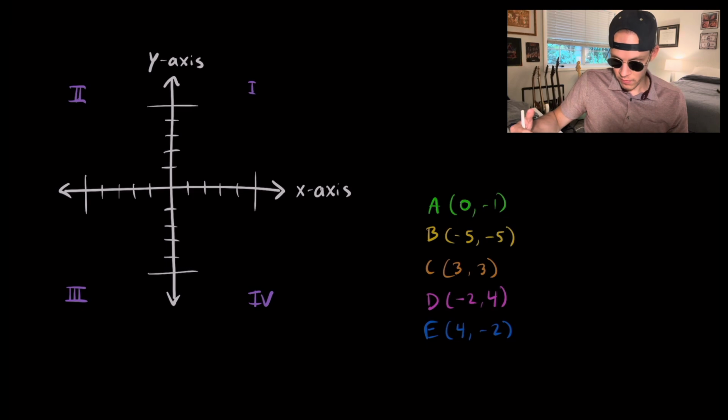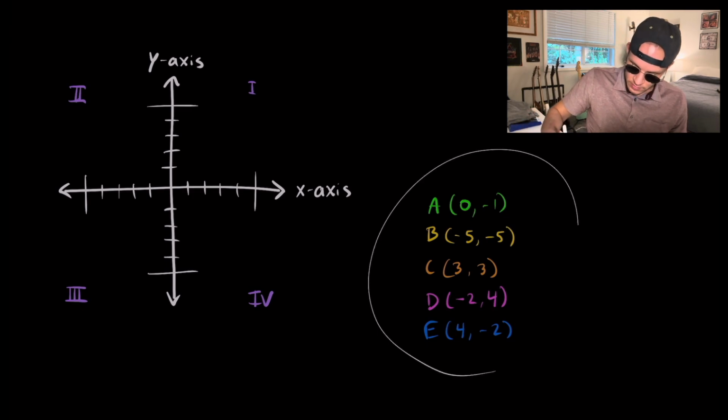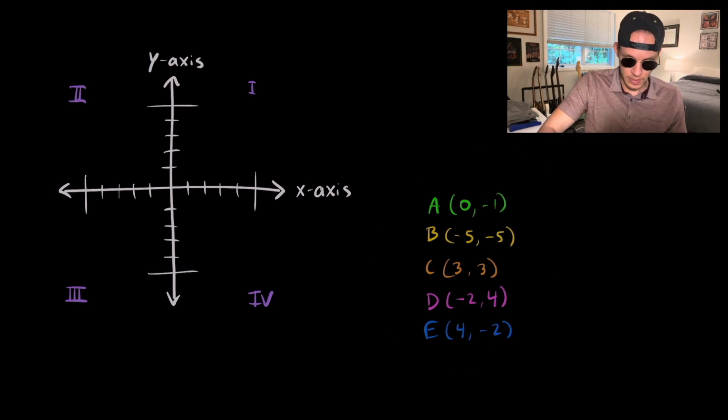Okay, now working in reverse, if you're given some points and you're asked to plot them on a graph, on a coordinate plane like this here, again, you should know how to do this already, but if you don't, you start at the origin. So always start at the origin, at the center there, and then take a look at the x coordinate. That'll tell you how far left or right to move.